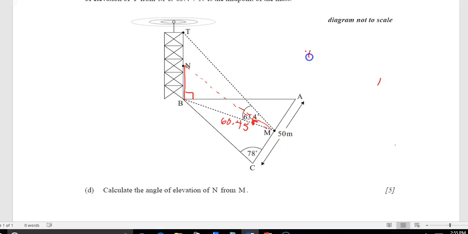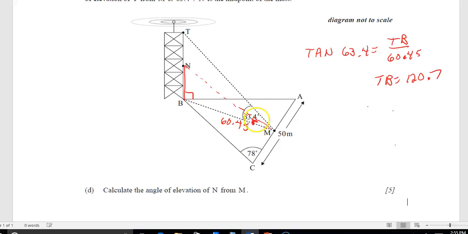It's just that the tangent of 63.4 is equal to opposite, which is TB, over adjacent, which is 60.45. So you multiply both sides by 60.45 and you'll have TB. 60.45 times tan of 63.4, I'm getting 120.71. So TB equals 120.71.